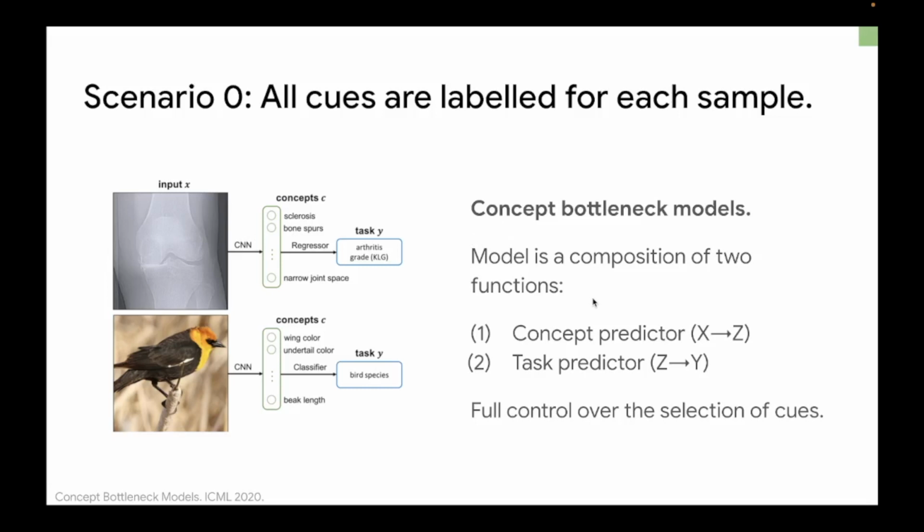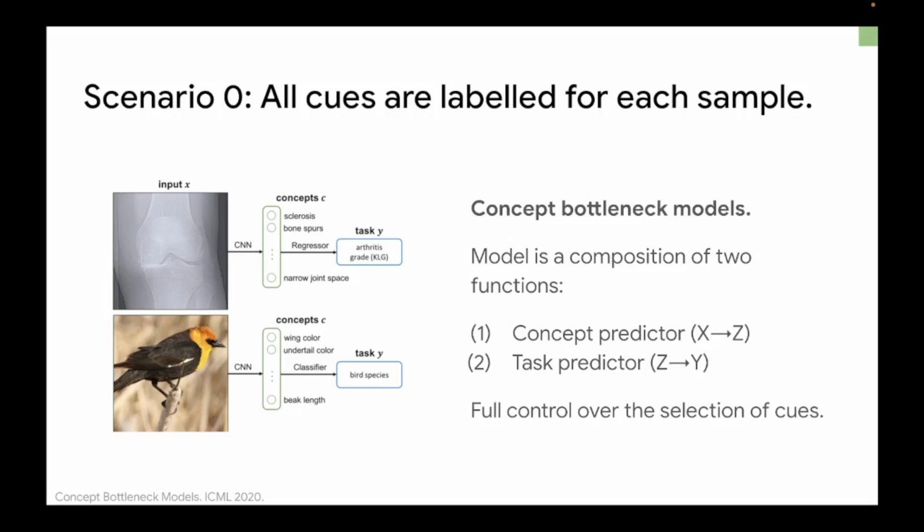So the model is essentially a composition of two functions. First, you have a CNN to predict each concept, and based on the concepts, you make a prediction. Because we have the triplets of labelings X, Z, and Y all the time, it's possible to train the concept extraction part and the second bird species prediction part separately.